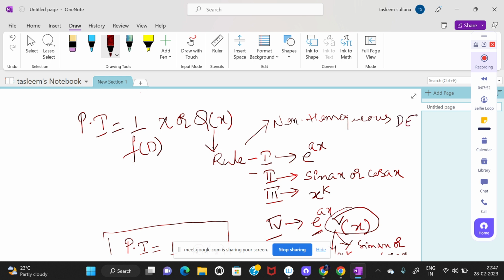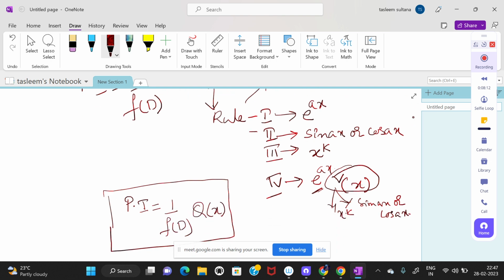The rules will come under non-homogeneous differential equation, where the first rule is e power ax, second is sin ax or cos ax, third is going to be x to the power of k, fourth is going to be e power ax into v of x, where your v of x is a function of x.